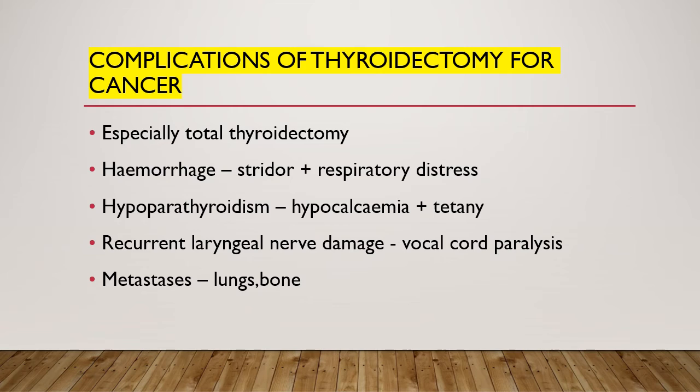Now, whatever the method of thyroidectomy, the complications are similar. So what are these complications? These complications are especially more common after total thyroidectomy compared to lobectomy. They are hemorrhage, which can lead to post-operative stridor and respiratory distress, requiring emergency intervention.